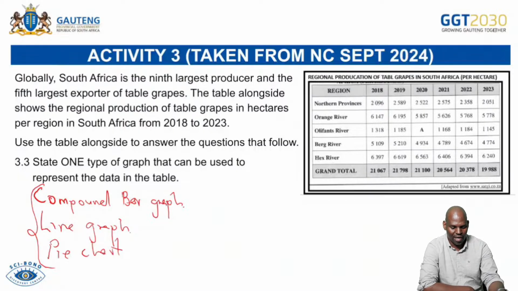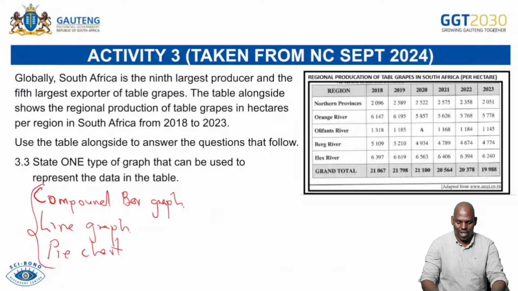Or one can say line graph, and then you indicate the information for 2018, for 2019, 2020, and so on for each province or for each region. That will be the line graph. Or you convert everything to percentages, and then you indicate that on the pie chart. So when they say state one type, but there's actually more than one, so you only have to indicate one.